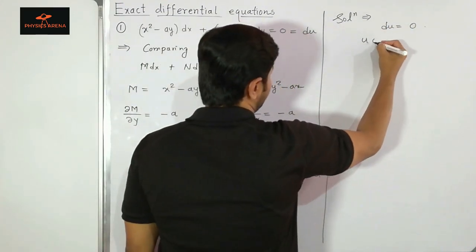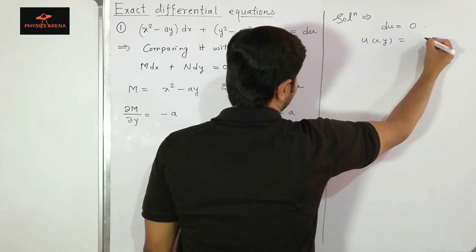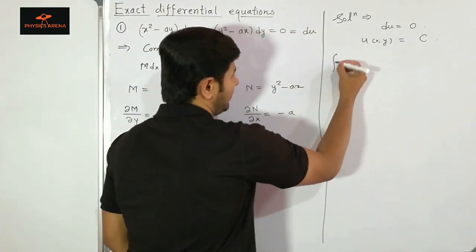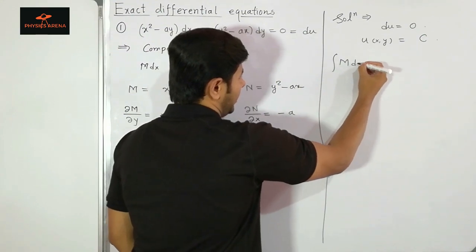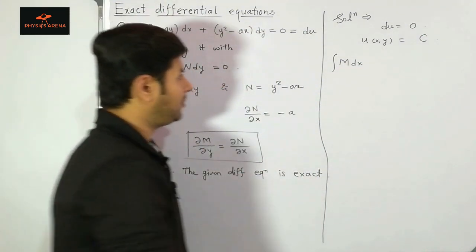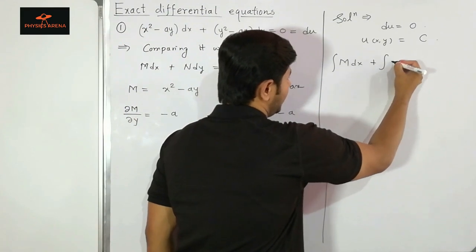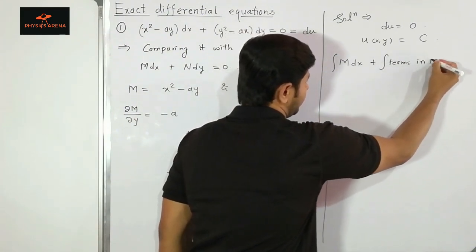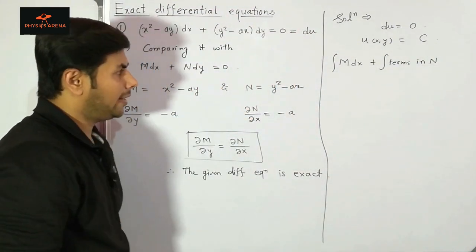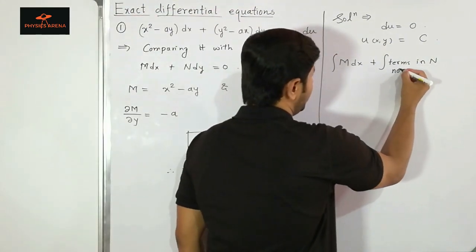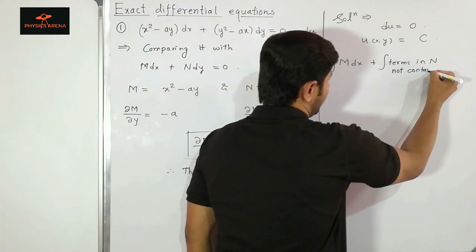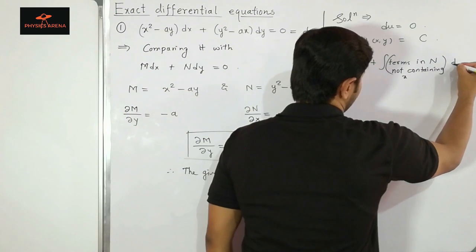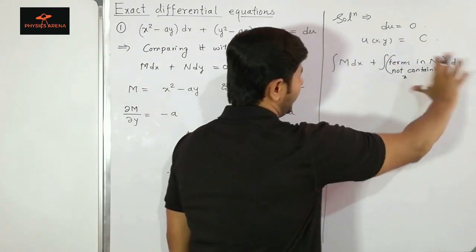So solution is u of xy equals to constant, and we find that u of xy as integral of m dx plus integral of terms in n not containing x, so integral of that with respect to dy.